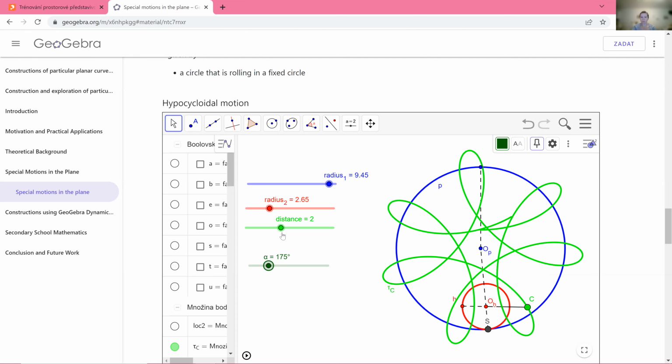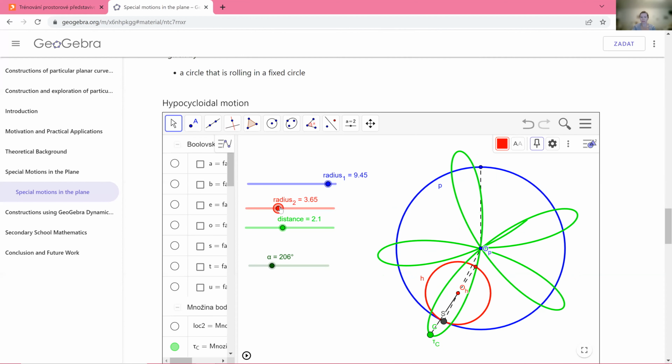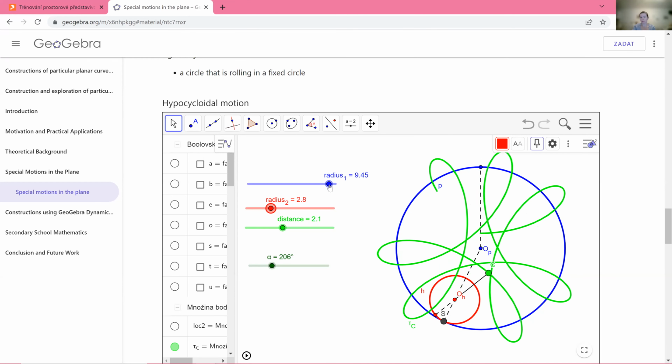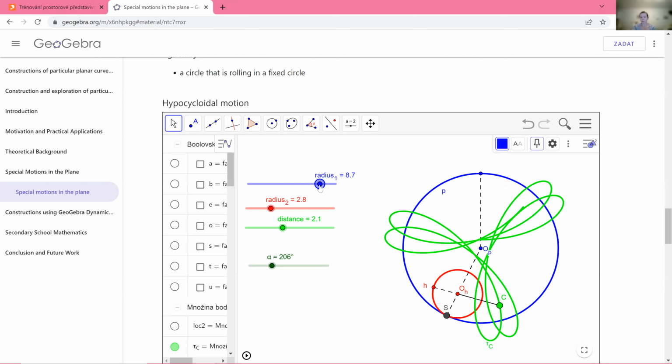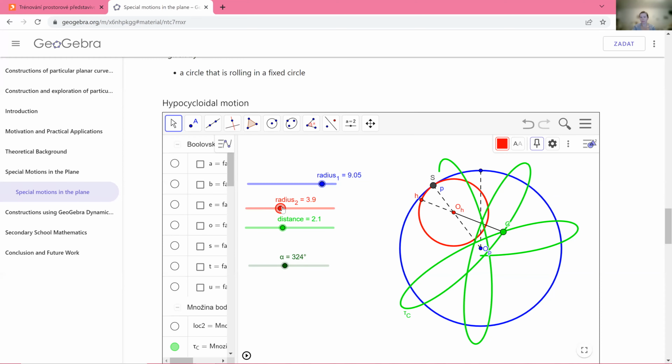I can also change the distance of a point from the center of the moving circle, or change the radius of the circle which is moving or which is fixed, and you can get really beautiful pictures that you can never draw by hand.